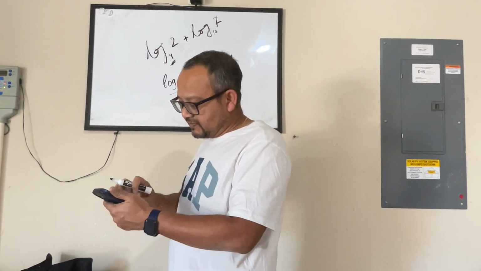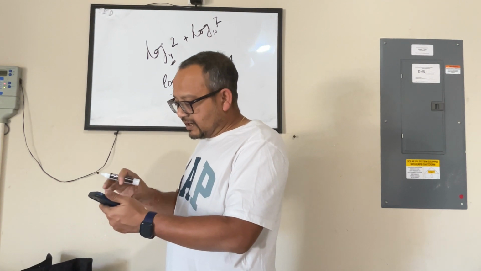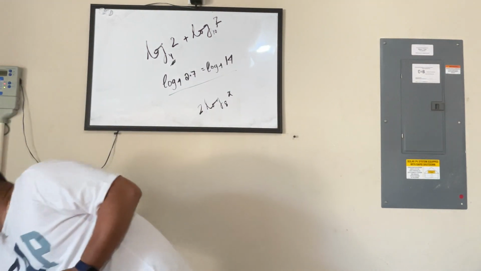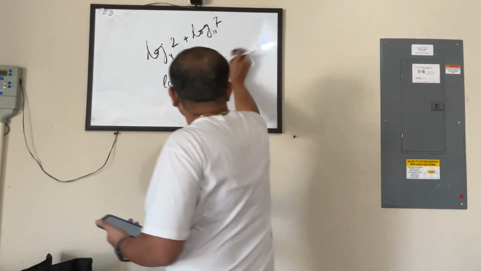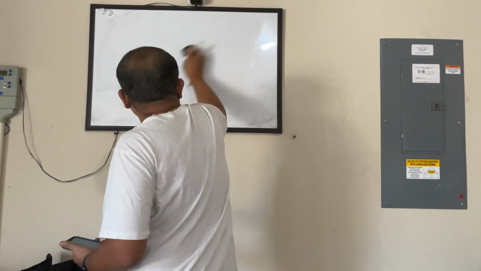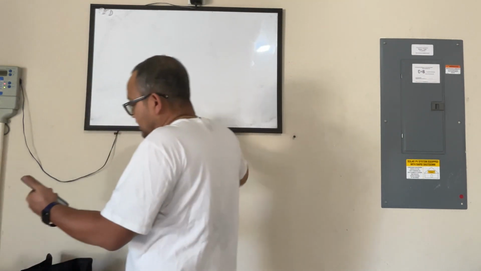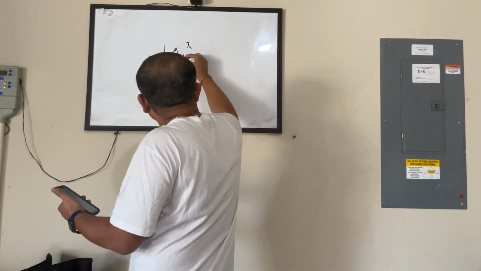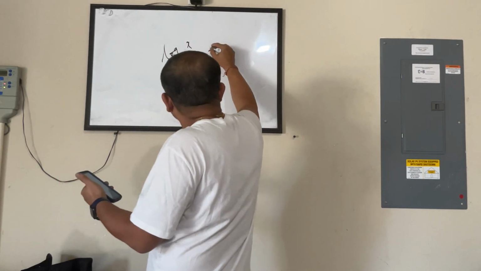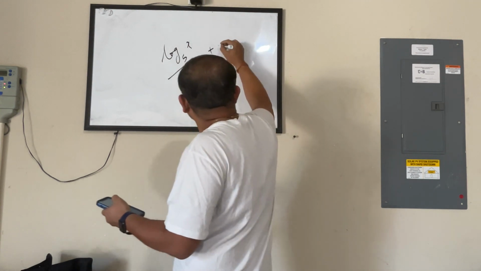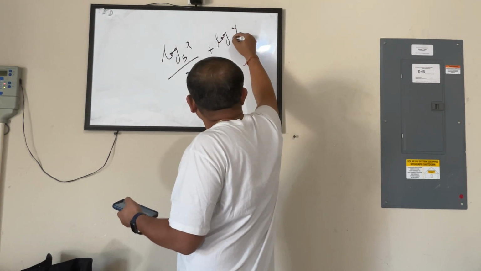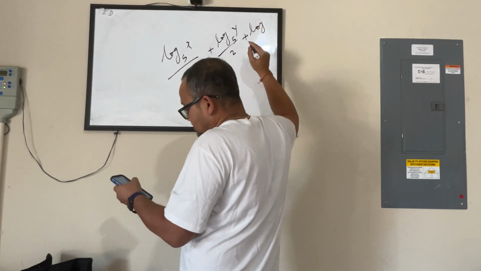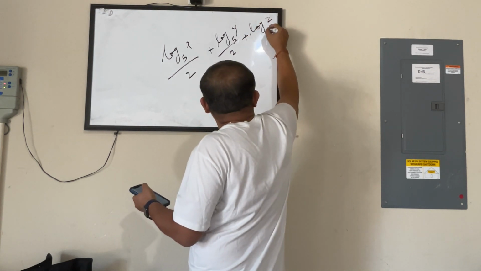Now let's look at level 4. Okay. Let's look at this one. Log of x base 5 by 2 plus log of y base 5 by 2 plus log of z base 5 by 2.